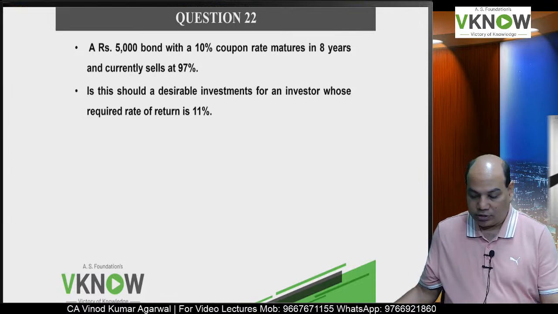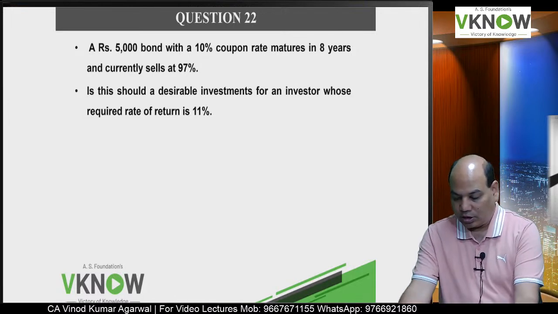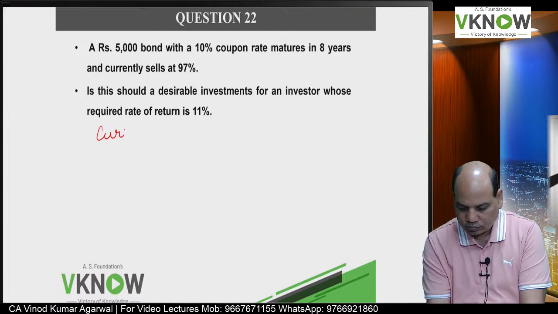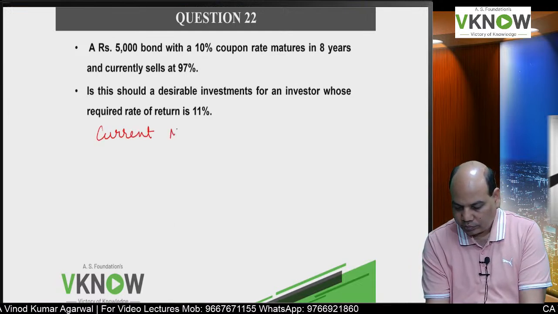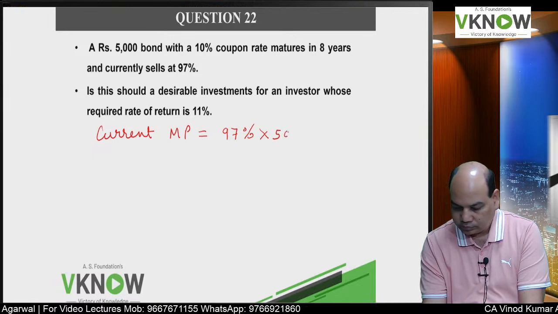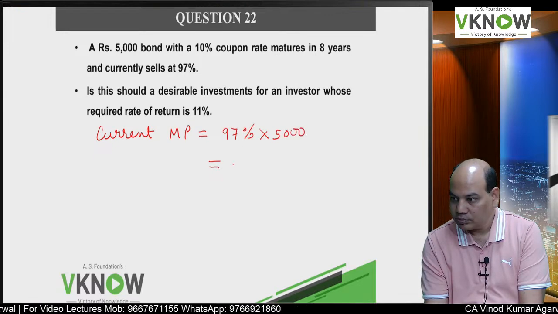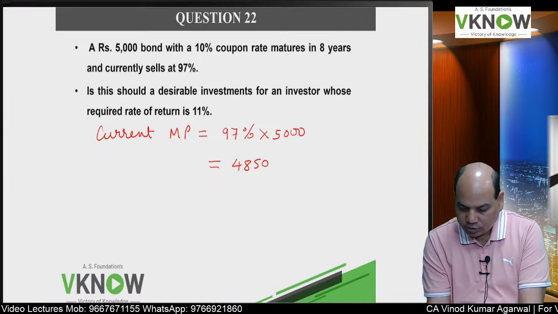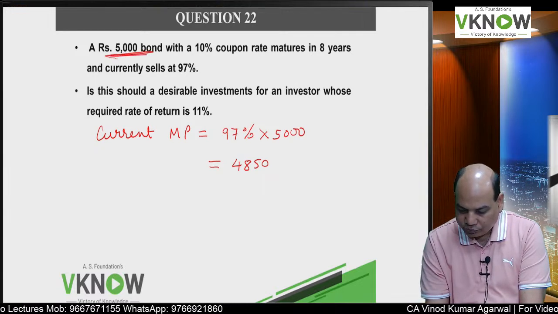Currently selling at 97% means what is the current market price? 97% of 5,000 is 4850. Its face value is 5,000, but current market price is 4850.